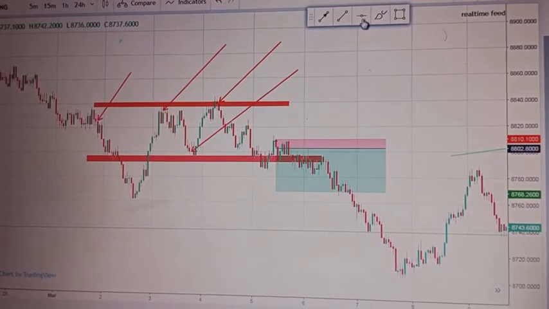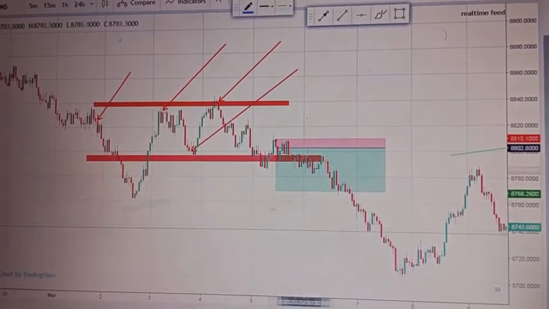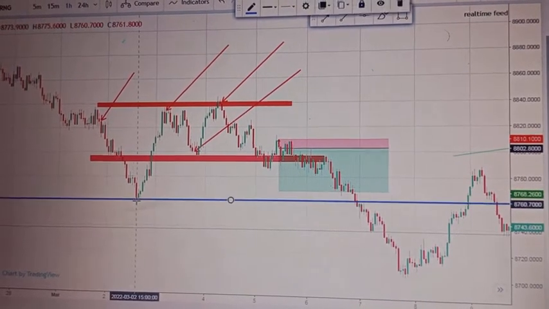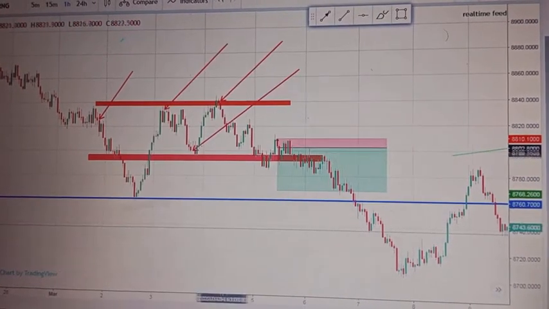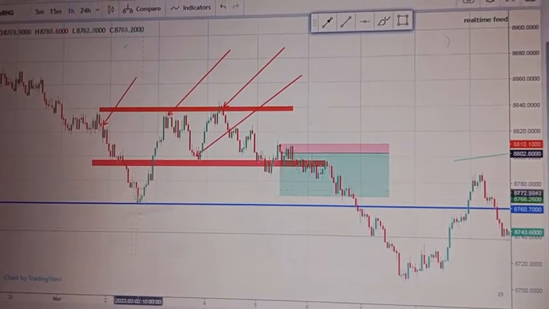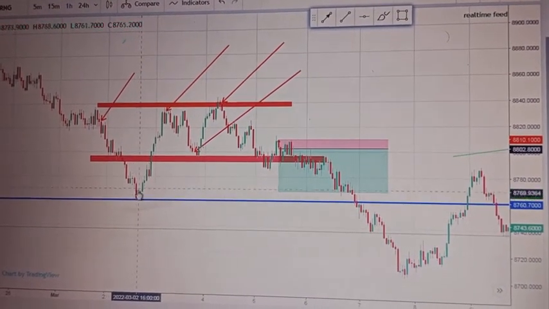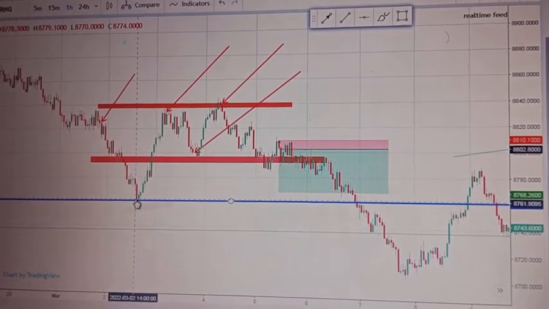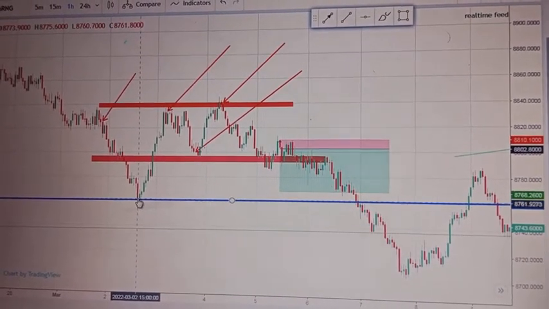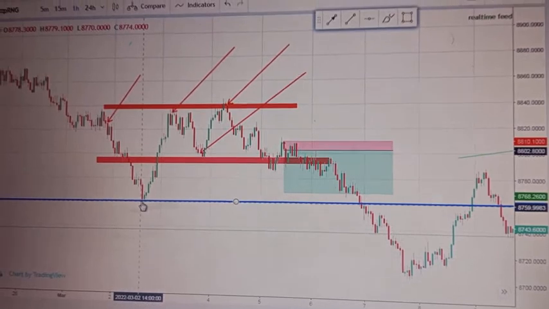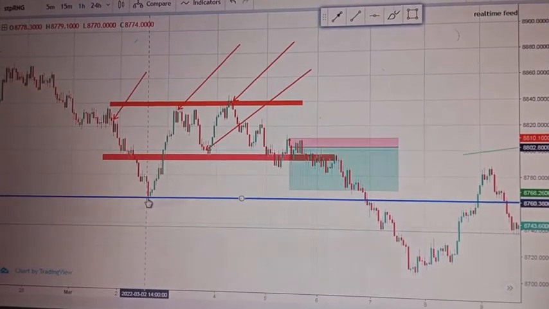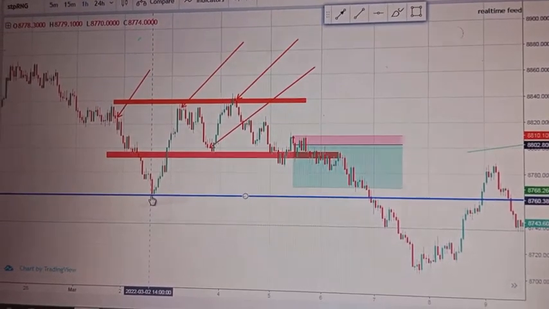But as a good trader, you know that the market must react here, because here is a complete rejection. There is a support here. So you can use this place as your final take profit.